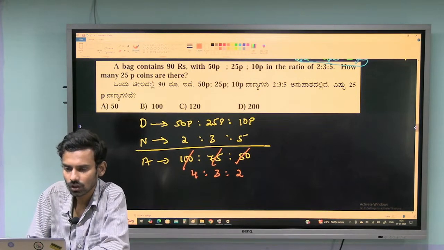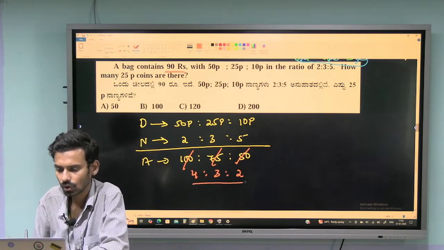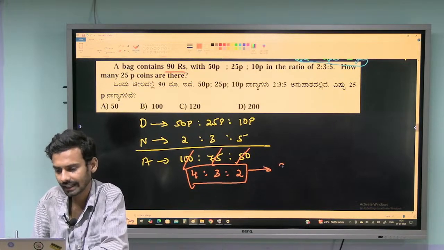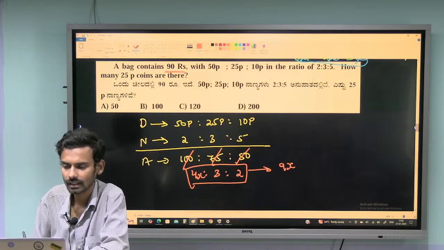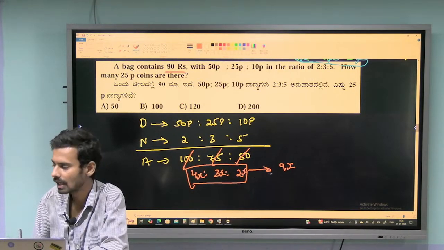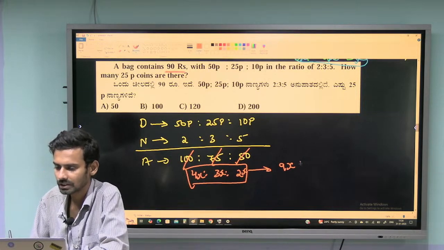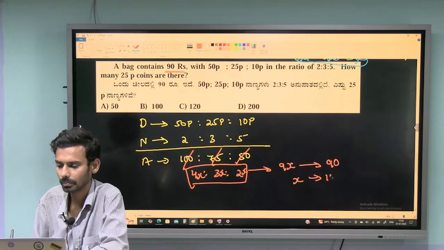The total amount according to the question is 90 rupees, and according to me, 4 is to 3 is to 2, total is 9 units or 9x. If I consider 50 paisa, the amount will be 4x, 25 paisa amount will be 3x, 10 paisa amount will be 2x, and the total amount will be 9x. According to the question this total amount is 90 rupees, so x value will be 10 rupees.